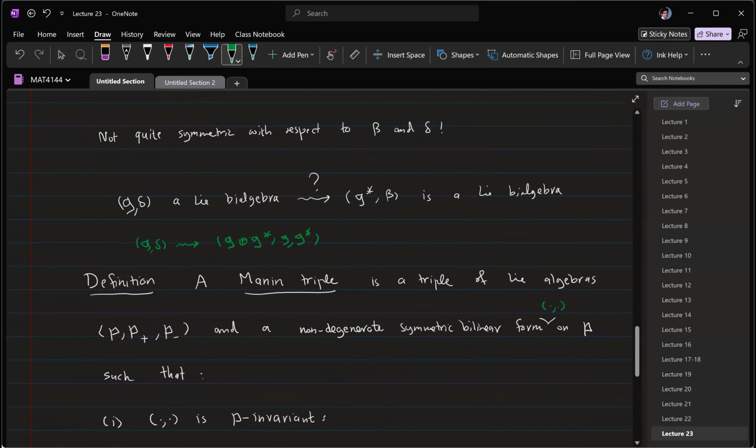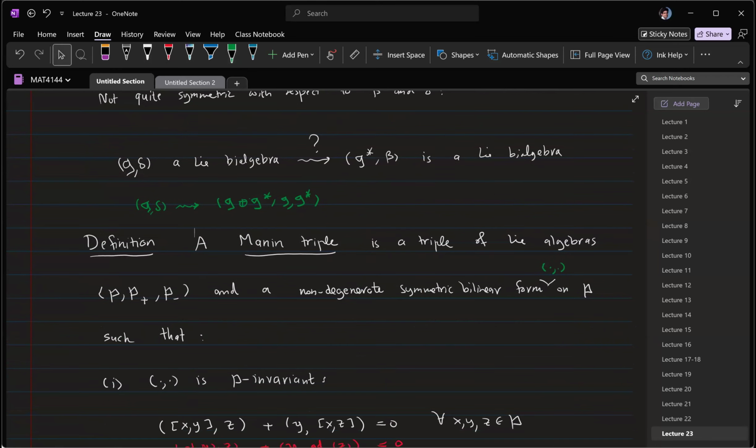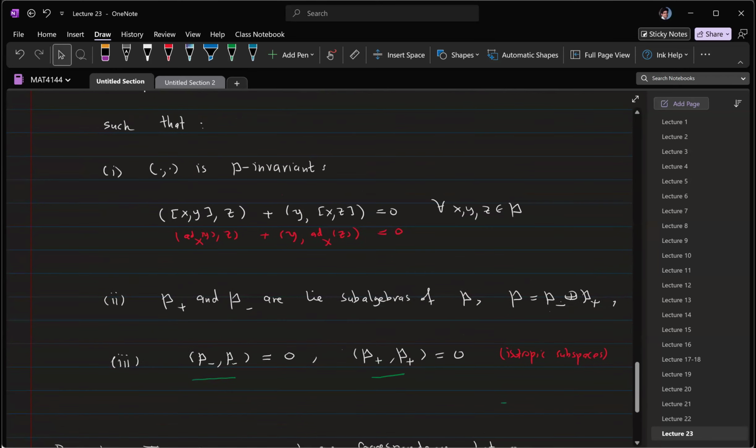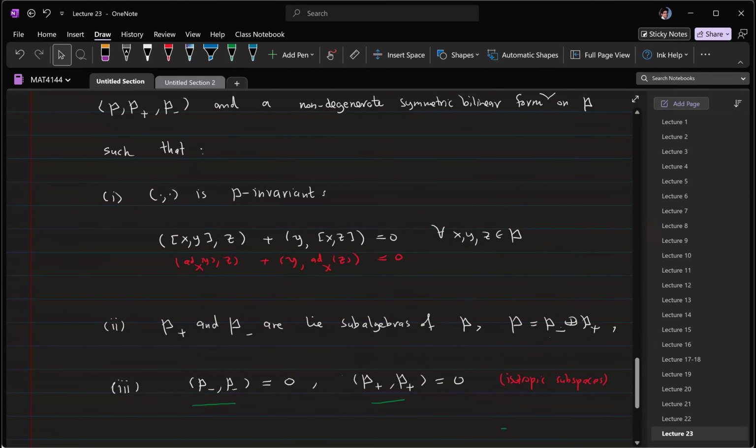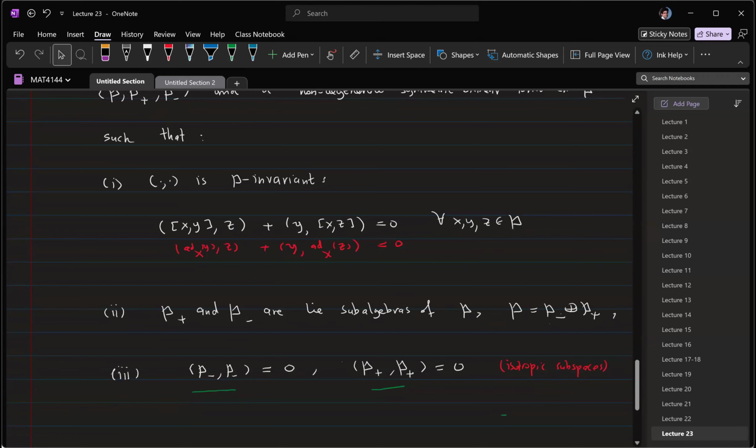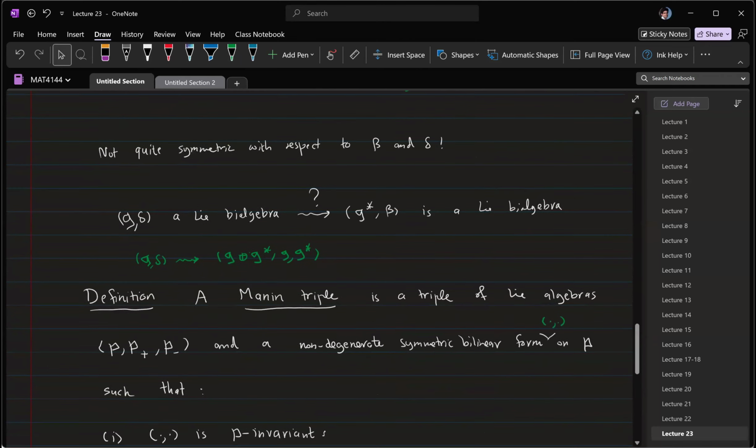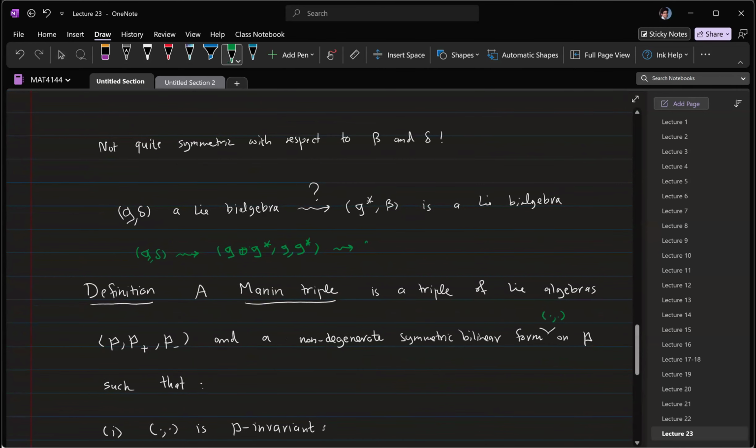So G delta corresponds to G plus G star, but now you see that the definition of a Manin triple is symmetric with respect to P plus and P minus. Invariance was with respect to P, and condition 2 was symmetric with respect to the role of P plus and P minus, and condition 3 was also symmetric. In other words, you can consider this also another Manin triple.